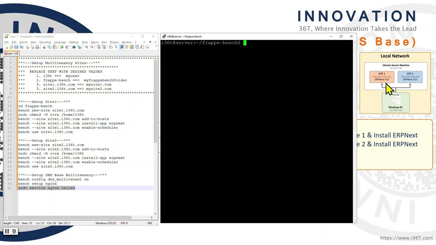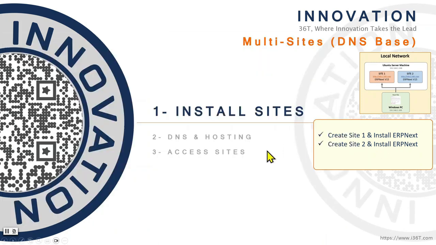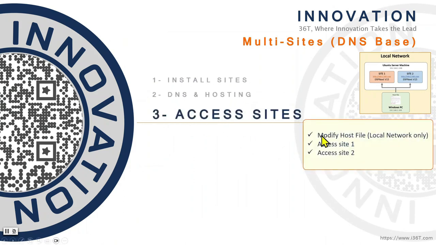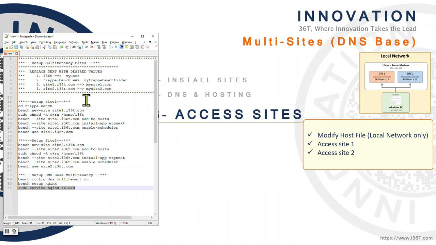To access these two sites, you need to modify the host file. We have enabled and set up production, and now to access, you need to modify the host file. I will switch to my text editor and click open.